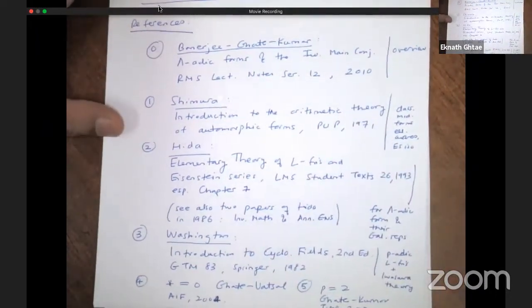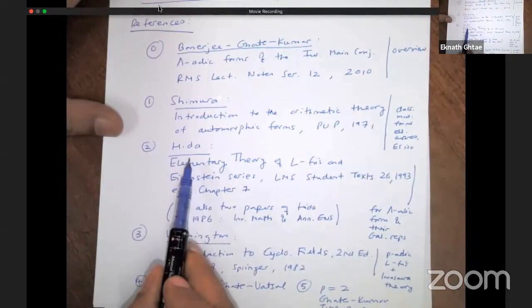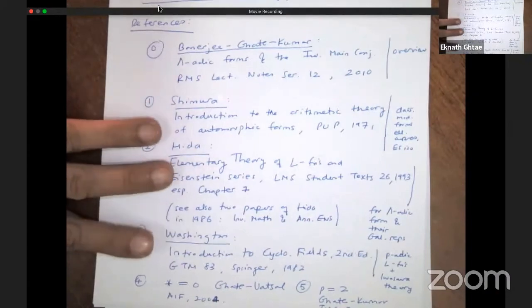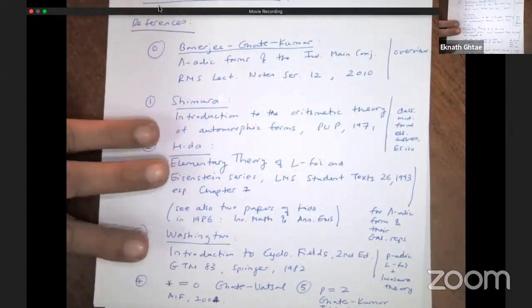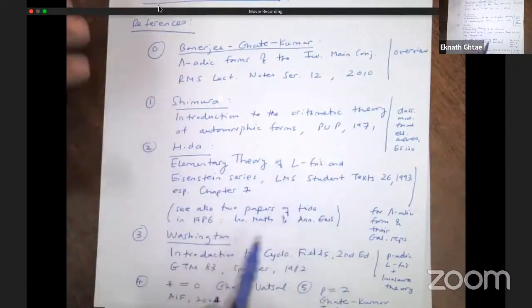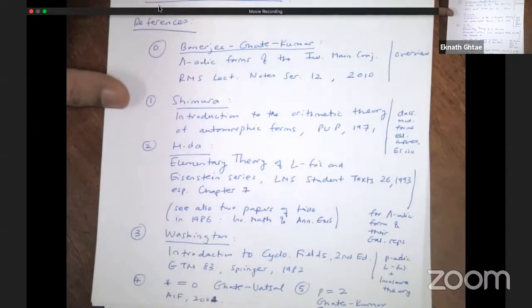But by the time these lecture notes came out, it was 2010. And then there's the pink book of Shimura, the blue book of Hida, and the yellow book of Washington. Right, so these are the sort of main references. Maybe Hida's book is more important for this course because chapter 7 contains the information about the lambda-adic forms.